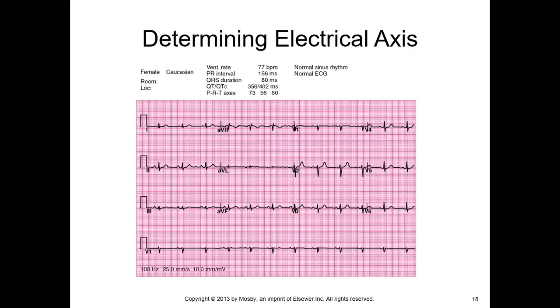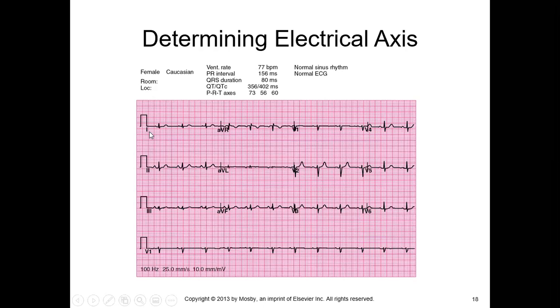So how do you determine the electrical axis? Let's look at this 12 lead EKG. Because the axial reference system is derived from the limb leads, we will be focusing on the leads shown in the two columns on the left side of the figure. So this is the left, right?